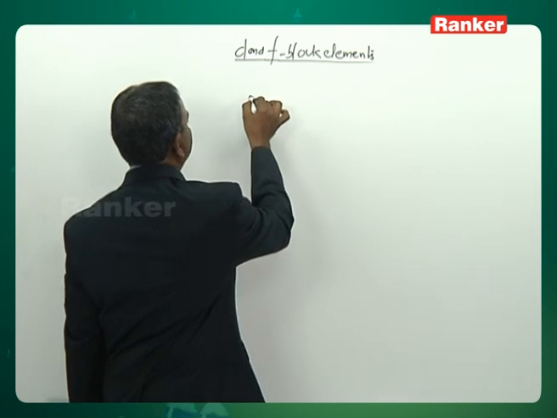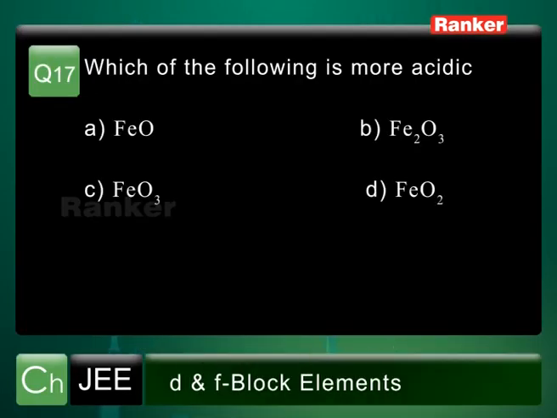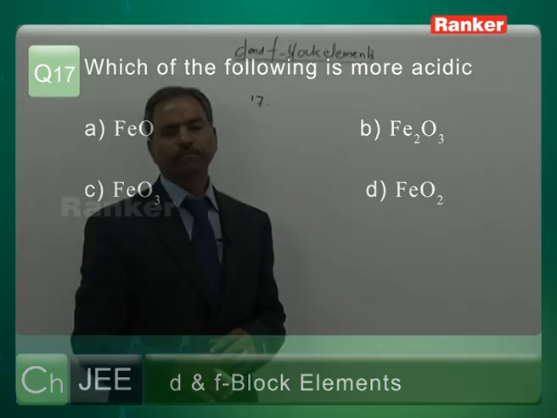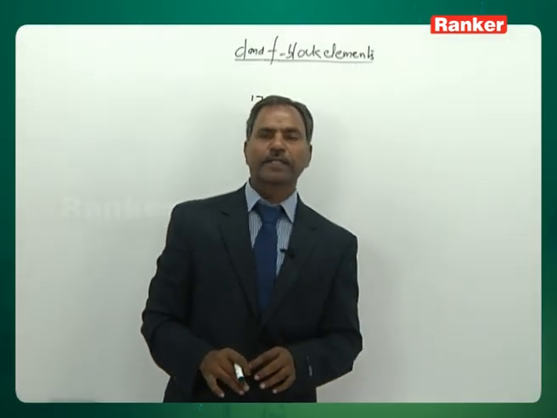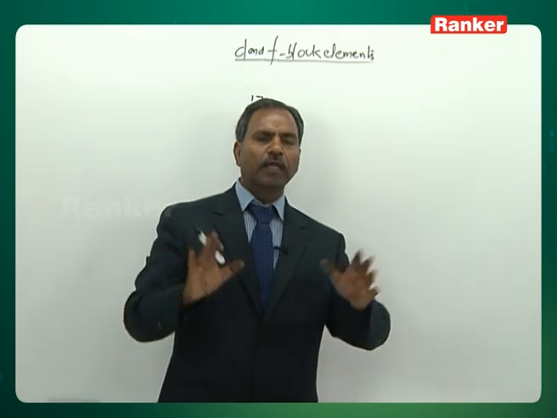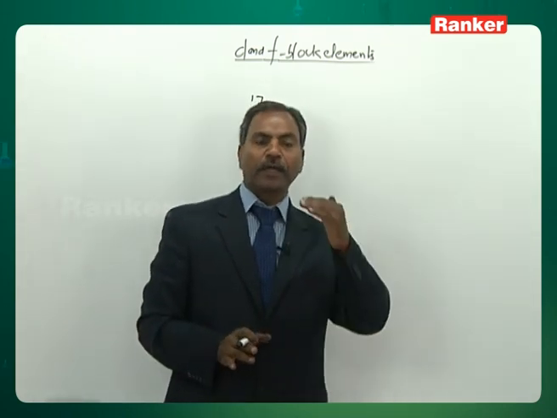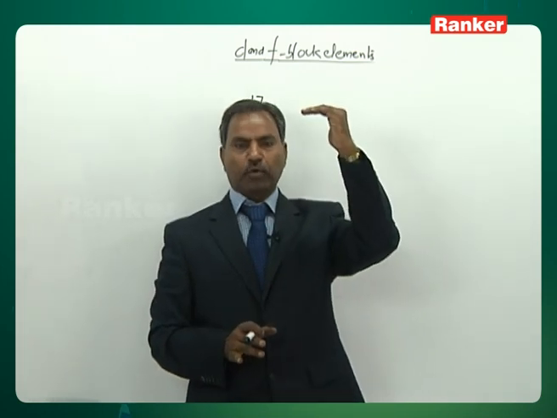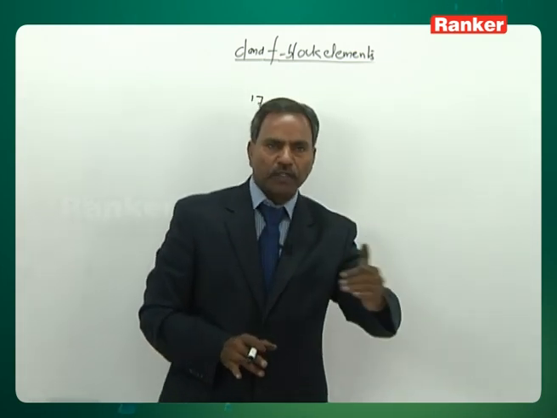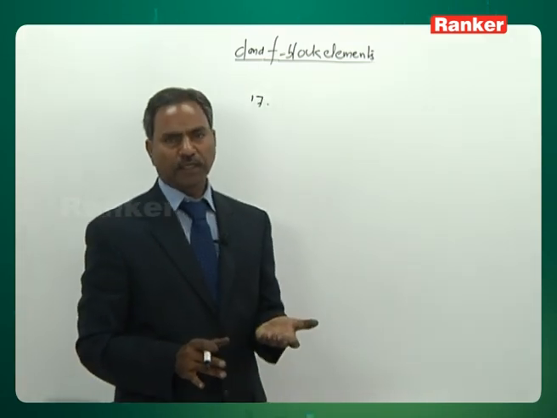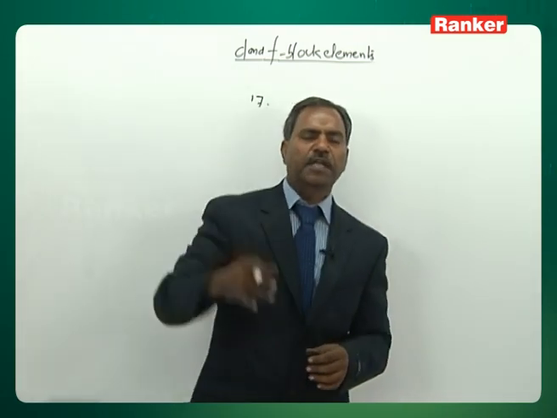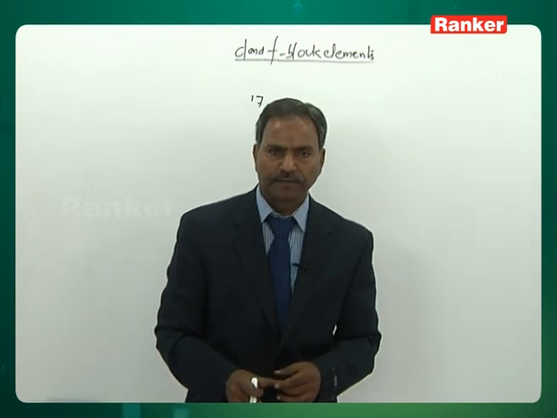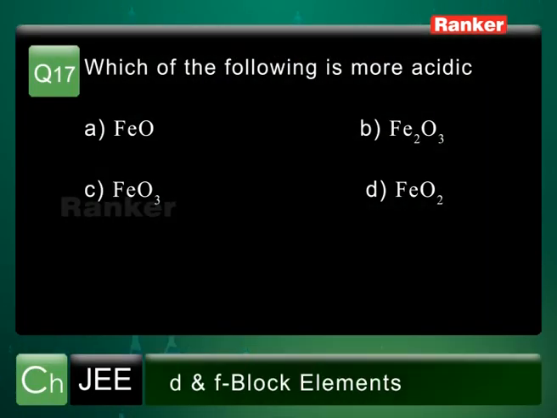Coming to question number 17, which of the following is more acidic? One more question of the same type is repeated. The concept I gave: among the given options, the metal having the highest oxidation number is more acidic. Lower the oxidation number, more basic or ionic. Higher the oxidation number, more covalent or acidic. Option A, FeO, plus 2.